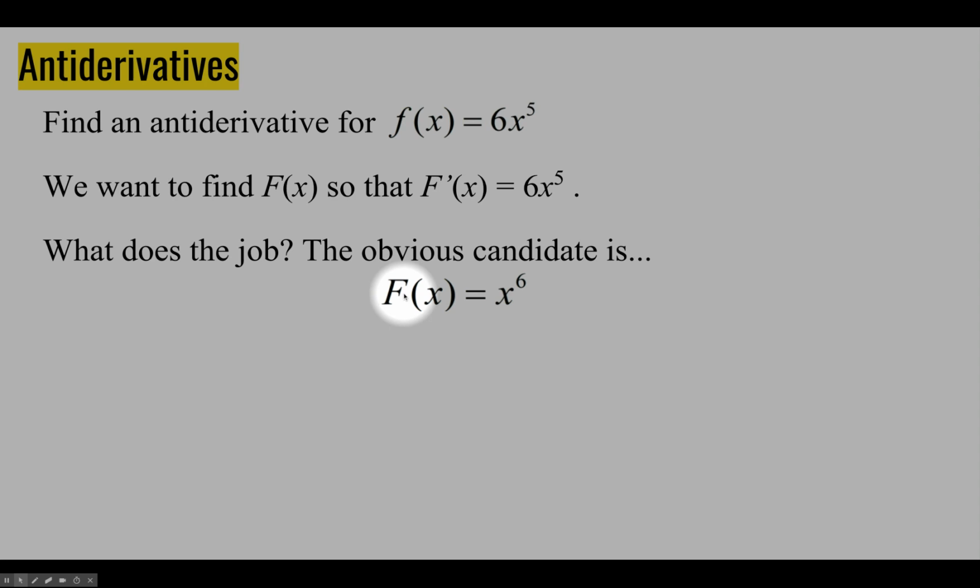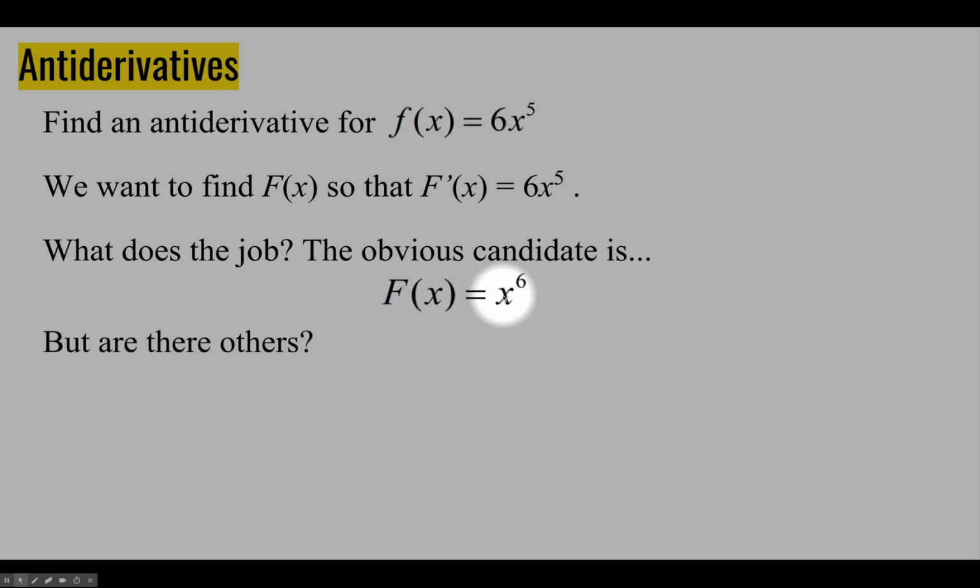So here's how we would check this. We would say, what is the derivative of big F? It is 6x to the 5. Well, if that matches little f, then we know we found little f's antiderivative, which we call capital F.